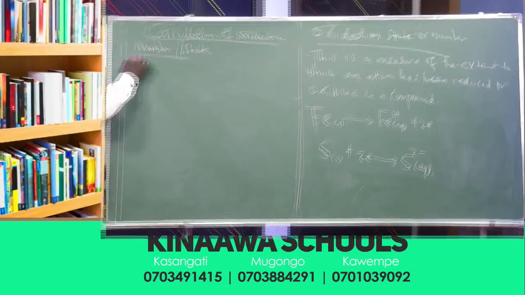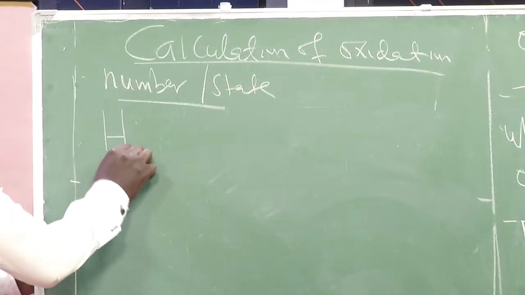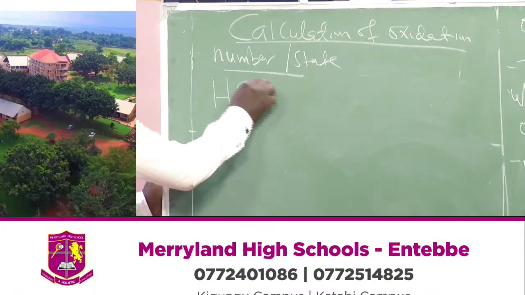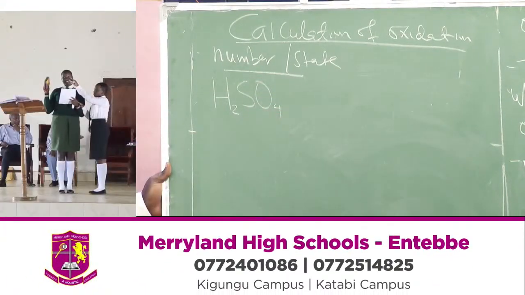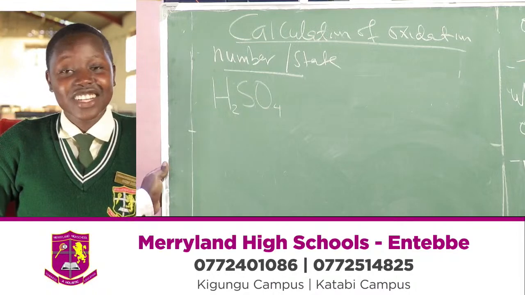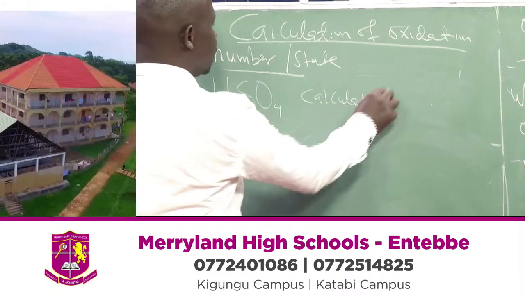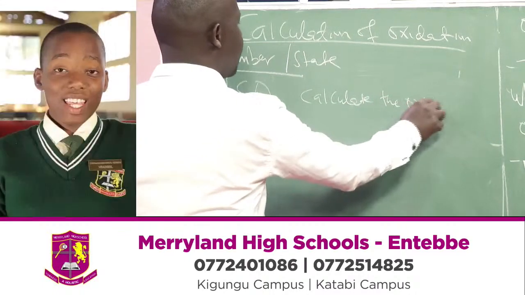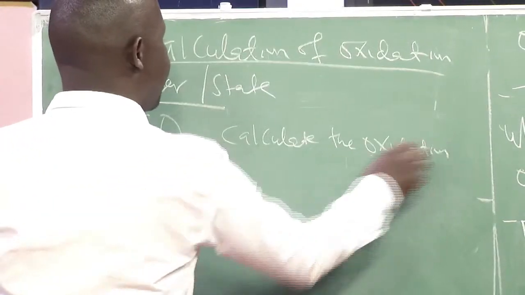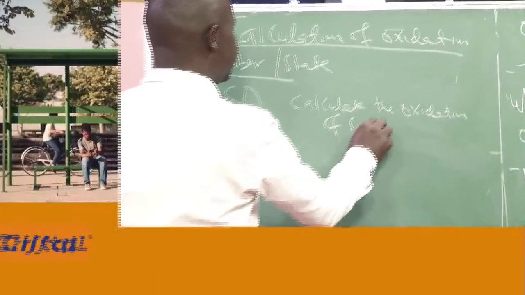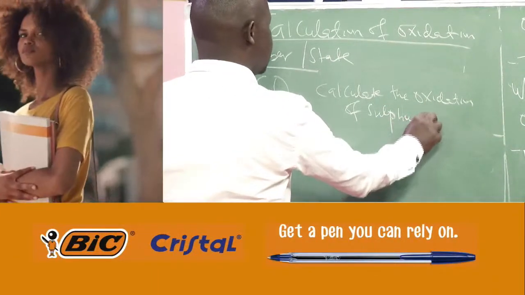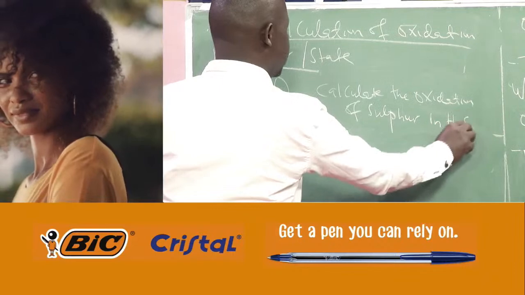For example, let us begin with sulfuric acid. So in this case, you are going to calculate the oxidation number of sulfur in sulfuric acid.